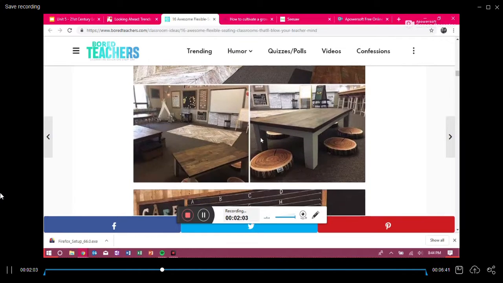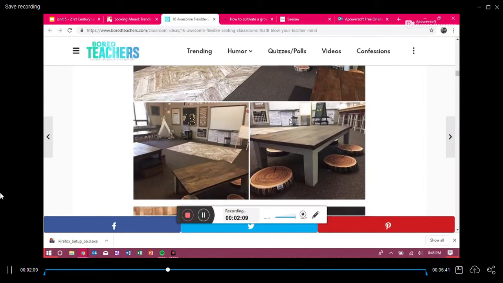There are different materials integrated in this classroom. For example, a lot of wood, a lot of rustic feel. It shies away from all the industrial metals and plastics that we typically tend to use in our classrooms, and that is because of how easily accessible those are.